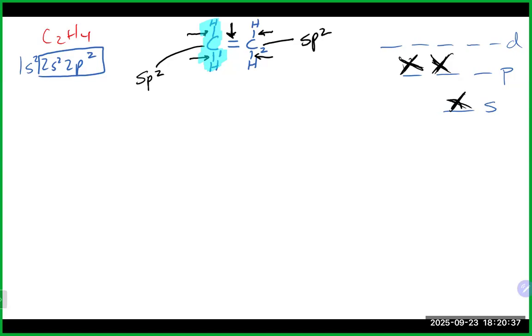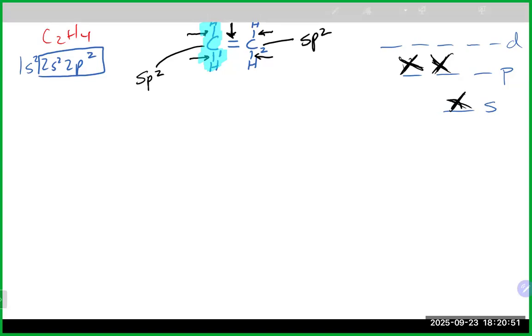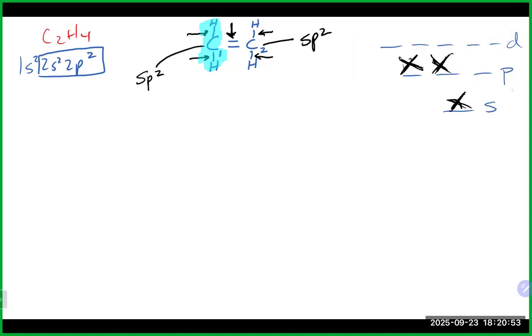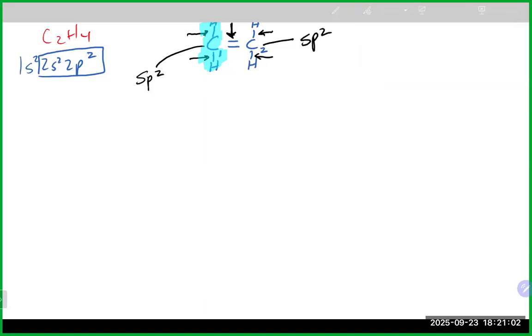All right, so let's see if we can account now for all of our bonds that we got going on in this particular molecule. And what I'm going to do is borrow this space over here. So I'm going to get rid of this here. Now we got that going on. And I'm going to just redraw it here so we can kind of just label all the bonds and everything.